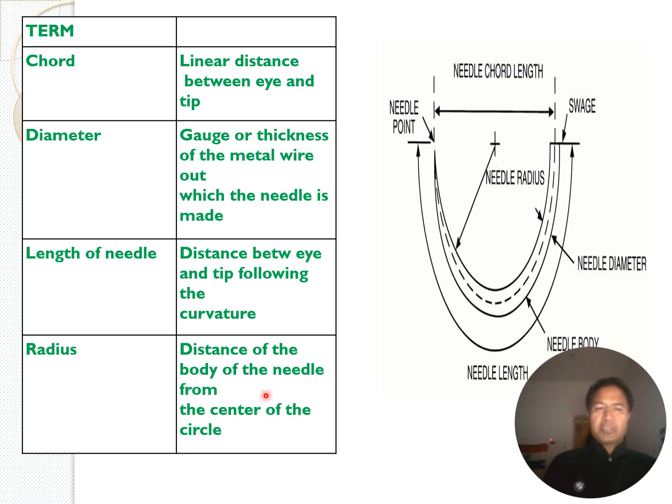Radius is the distance of the body of the needle from the center of the circle. This is the center, the dashed line. This is the needle point, this is the needle radius.